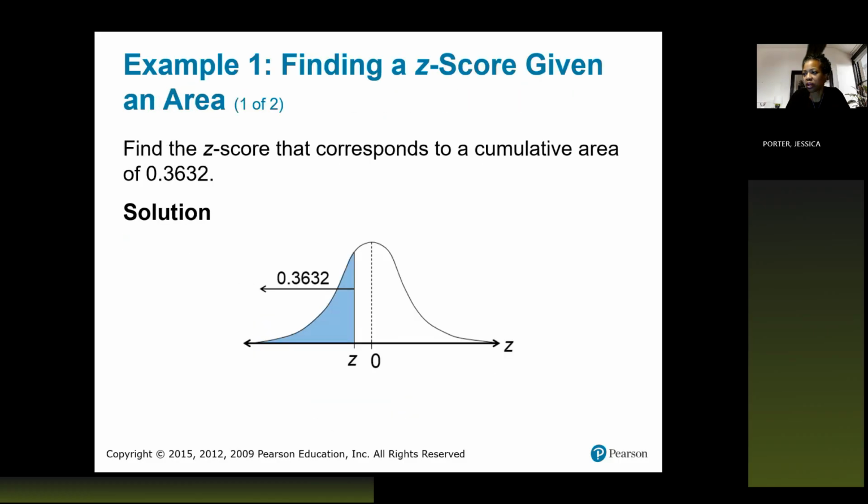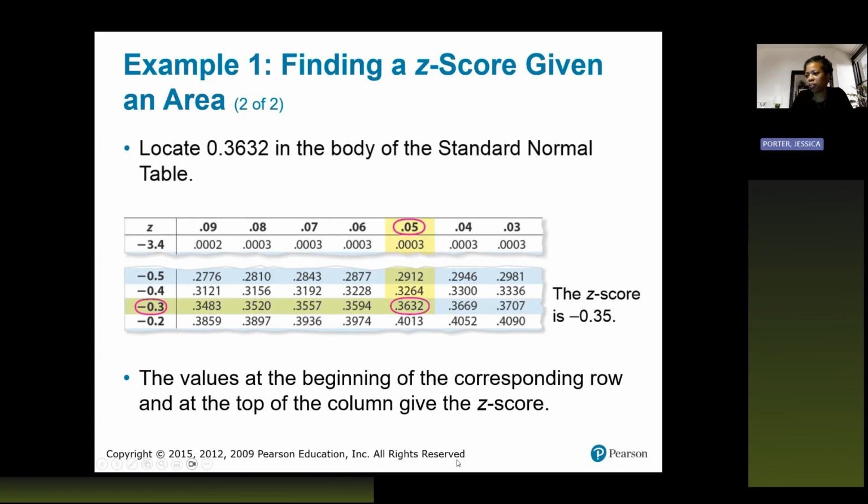Okay. So find the z-score that corresponds to a cumulative area of 0.3632. What is a z-score? Doesn't tell us. How do we find it? Well, this is where we're going to do a backward lookup. So let's look in the table.